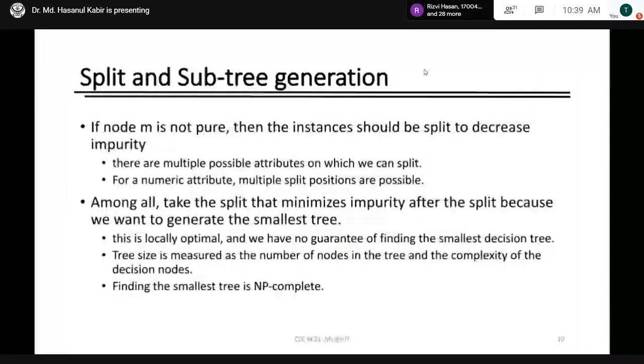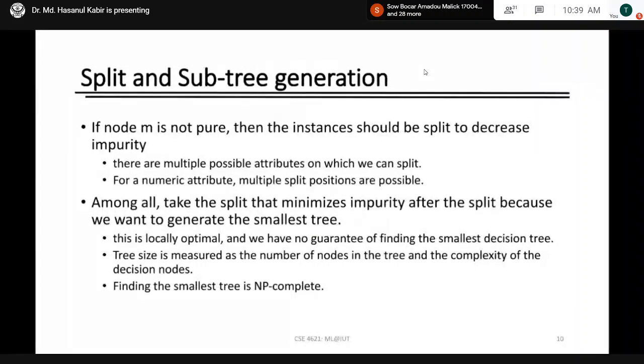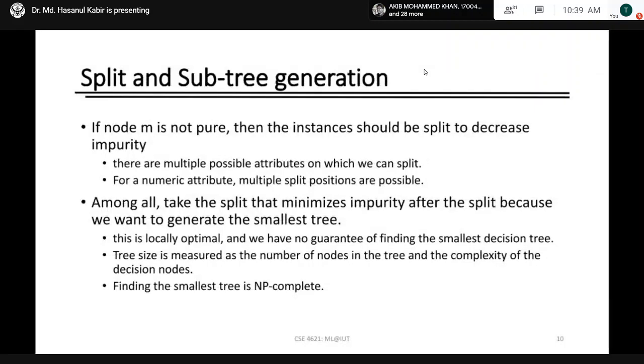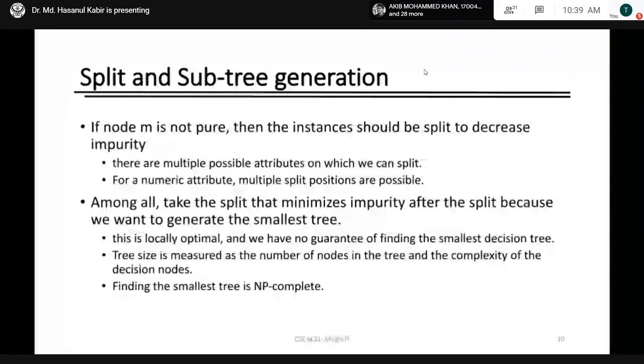Now if you want to do a split, how many attributes can you choose from? Is the question clear? So if I have n attributes, I can basically choose among n minus 1 different attributes, right? Right or wrong?